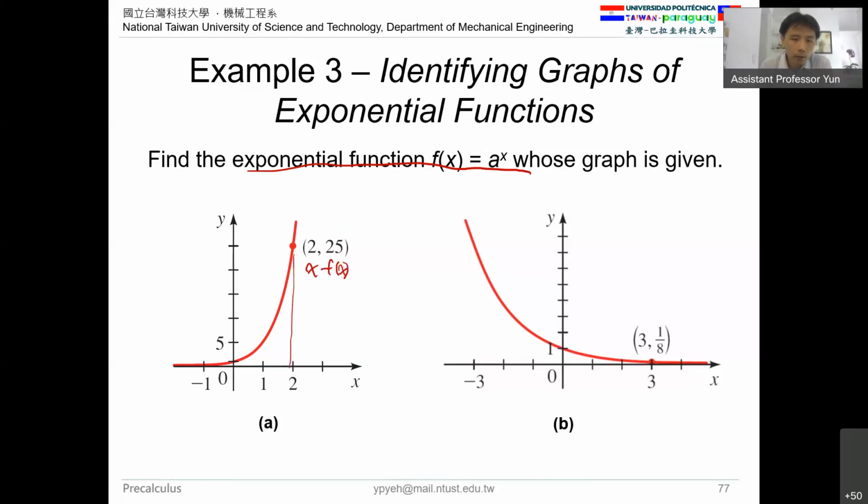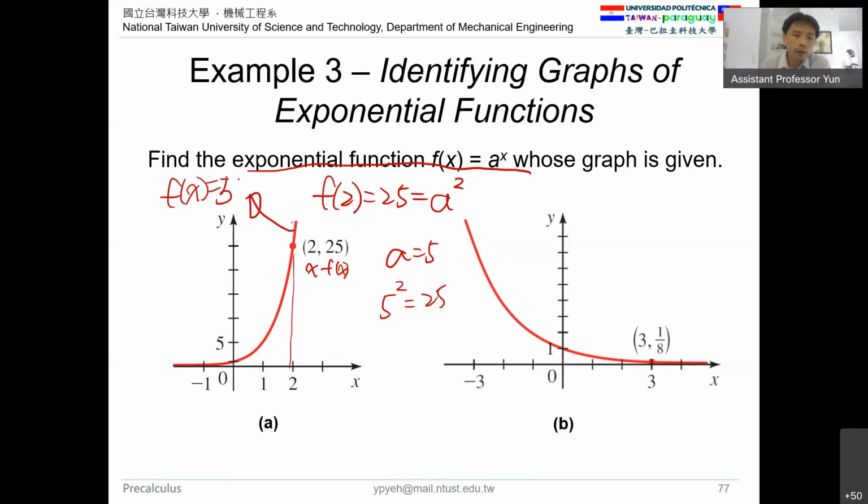Since f of 2 is 25, and x here is 2, a equals 5, since 5 squared is 25. So the function is f of x equals 5 to the x.